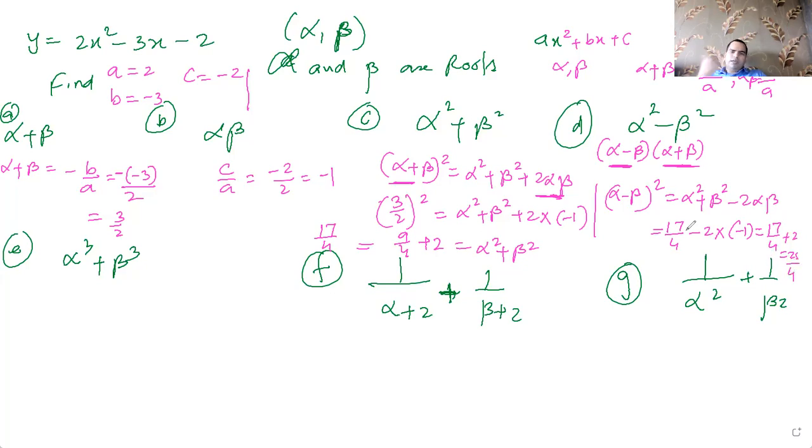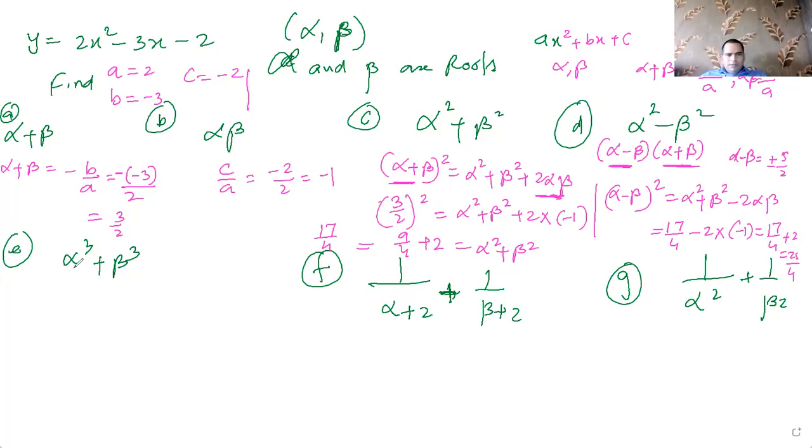So alpha minus beta will be plus or minus 5 over 2. Once you put plus 5 over 2 times 3 over 2, and once minus 5 over 2 times 3 over 2, you get the exact value. So that's how you do this part.